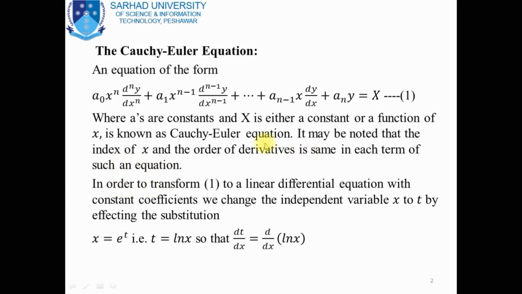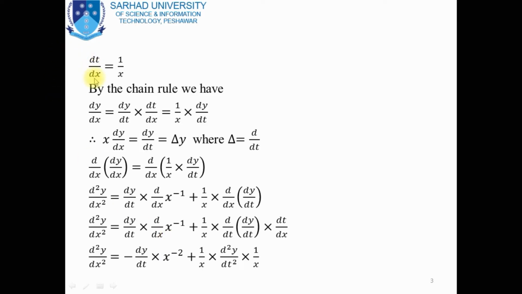In order to transform equation number 1 to a linear differential equation with constant coefficients, we change the independent variable x to t by the substitution x is equal to e^t, that is, t is equal to log x. Taking the derivative, we obtain dt/dx is equal to 1 over x.